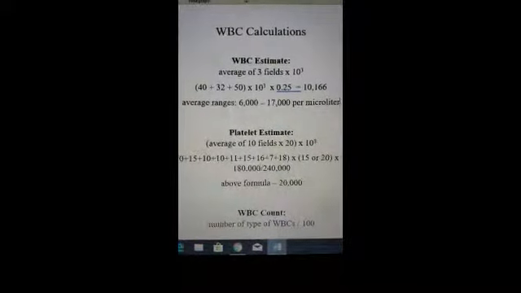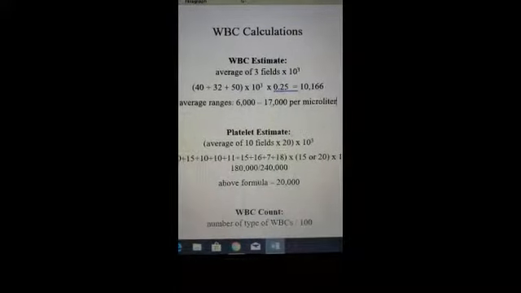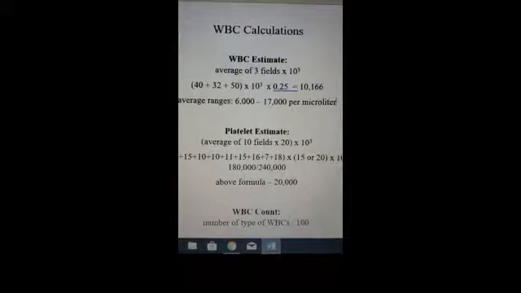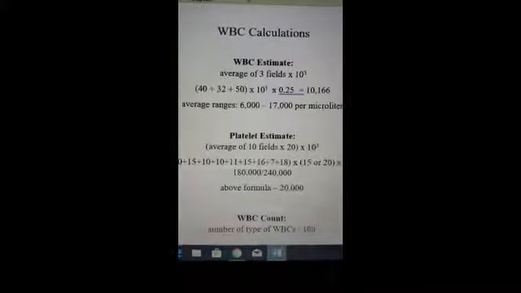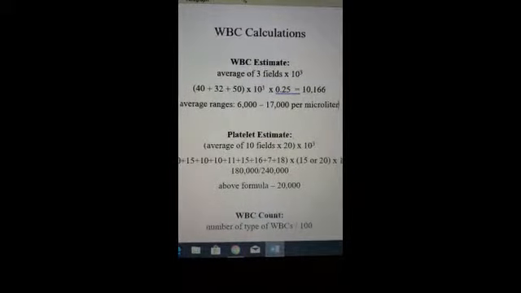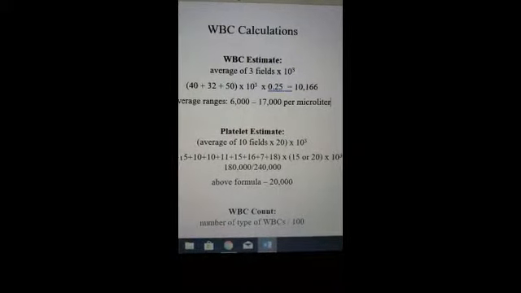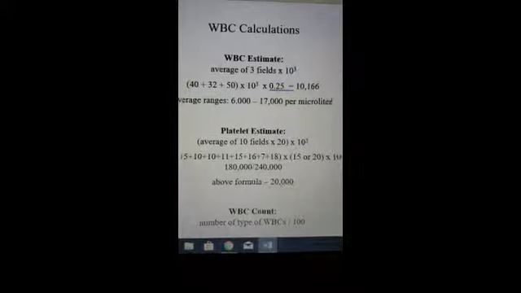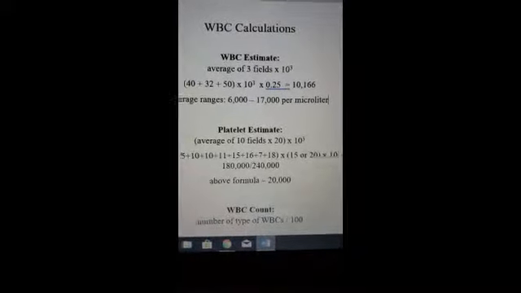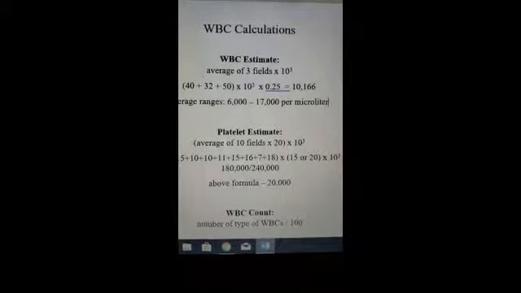So we'll start with our white blood cell estimate. The way we calculated that was we took an average of 3 fields, and then we multiplied that by 10 to the 3rd power. So our 3 fields were 40 plus 32 plus 50. We added them up, divided them by 3, and then multiplied by 10 to the 3rd power.